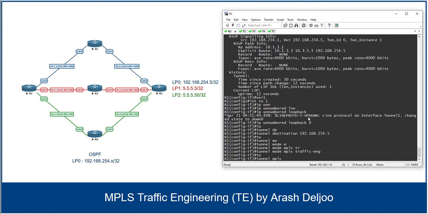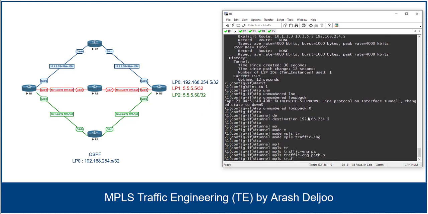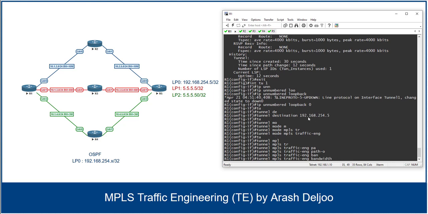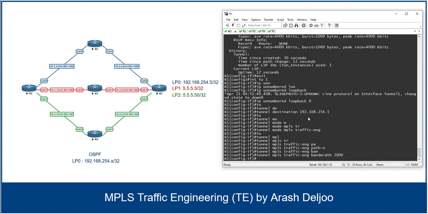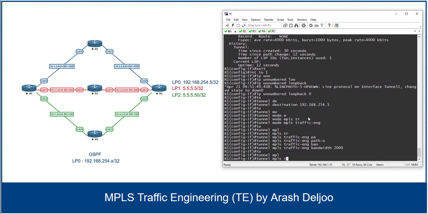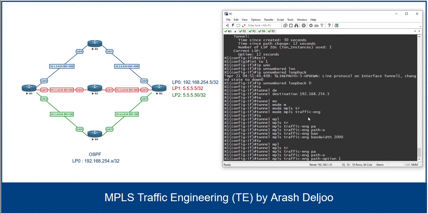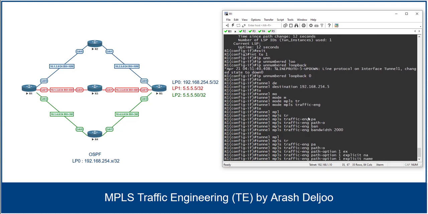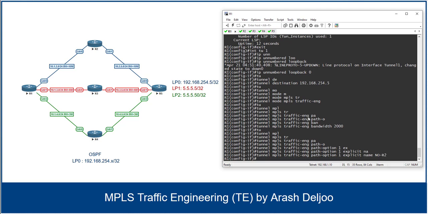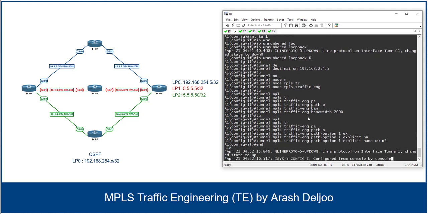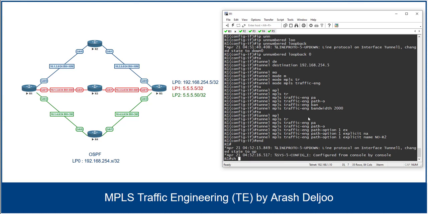For example, first you can configure bandwidth, then bandwidth 2000 kilobit per second. After that path option 1, then explicit name no R2. Again the tunnel will come up, and then we can check the result of our configuration.